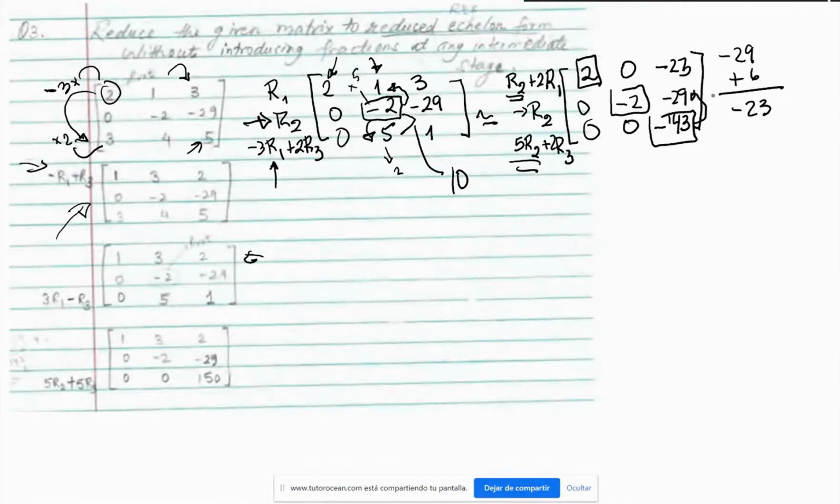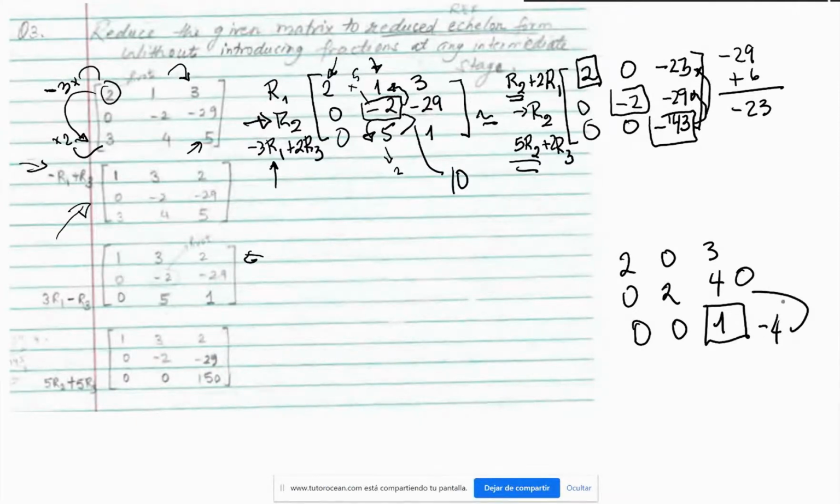It is extremely easy because whenever you have a number, any number here, if you have something like 2, 0, 3, and for example 0, 2, 4, 0, 0, 1, like this, you just multiply this by minus 2 and add and get a 0, minus 4, or multiply this by minus 3 and add and get a 0.